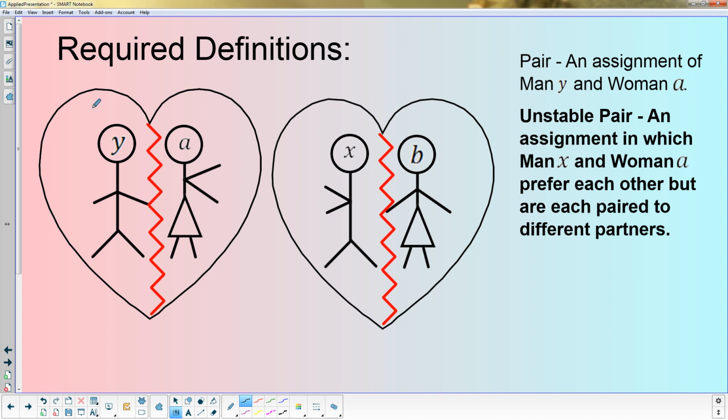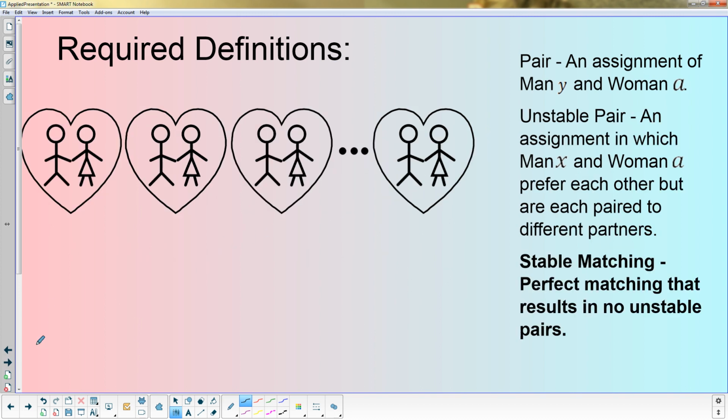So these two pairs have been paired up via the algorithm, but woman A prefers man X over man Y, and at the same time, man X prefers woman A to his current assignment, or I should say his final assignment, woman B.